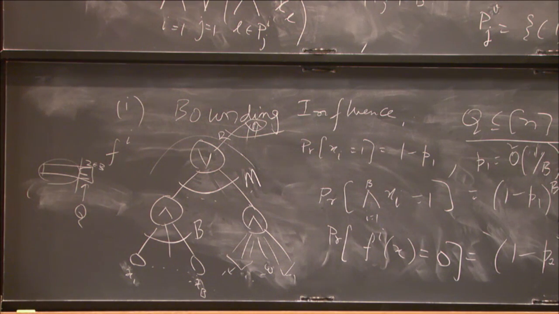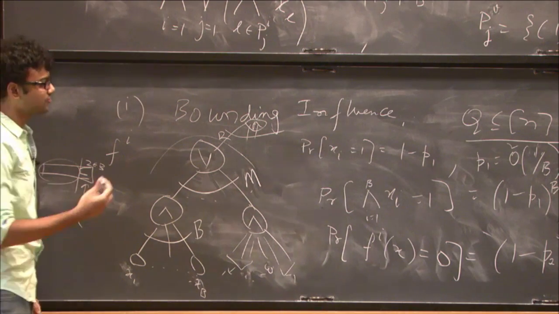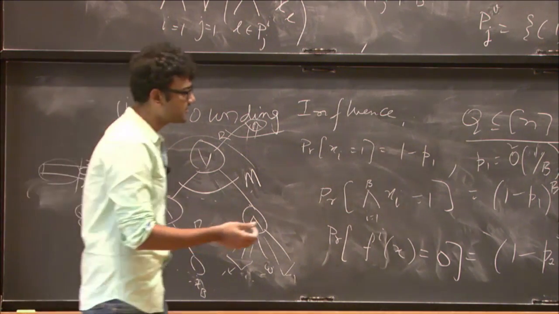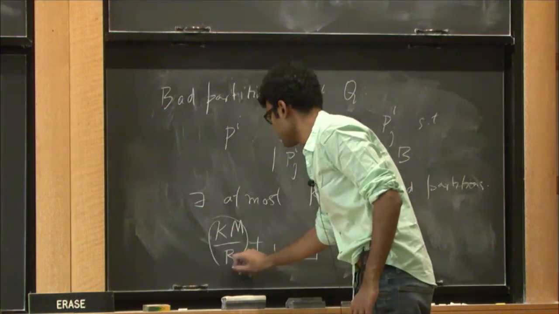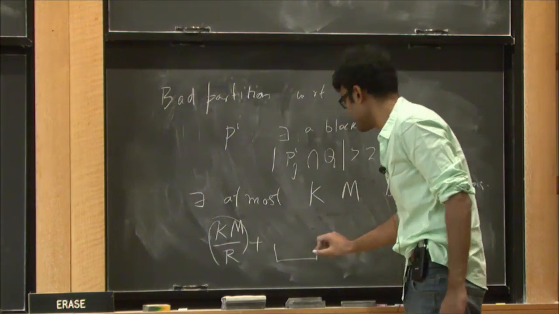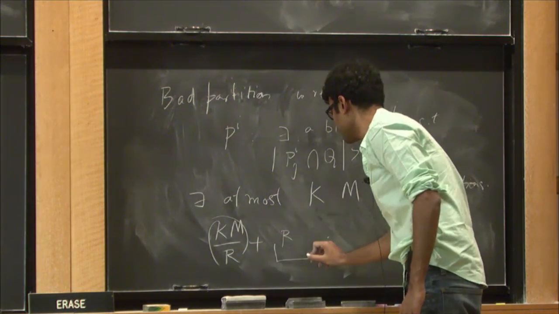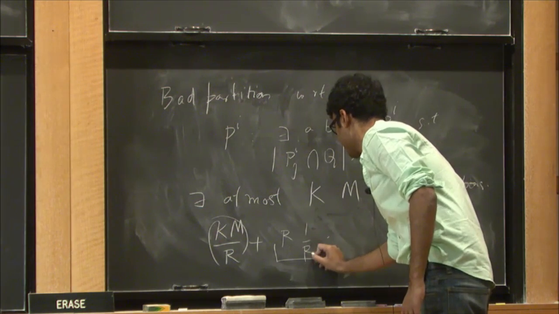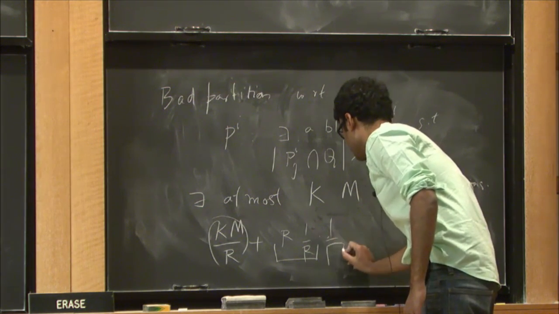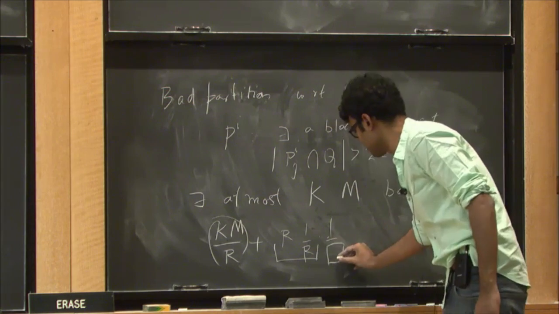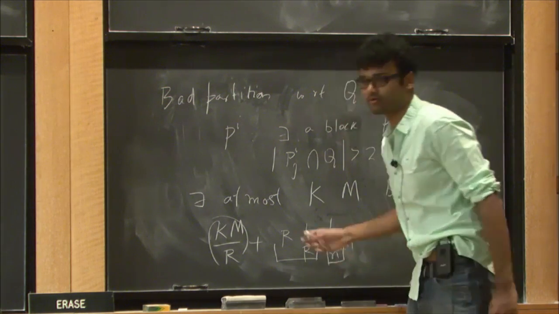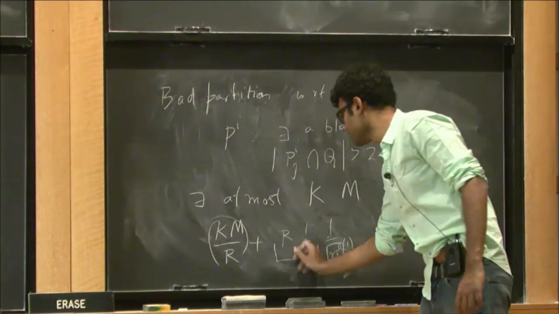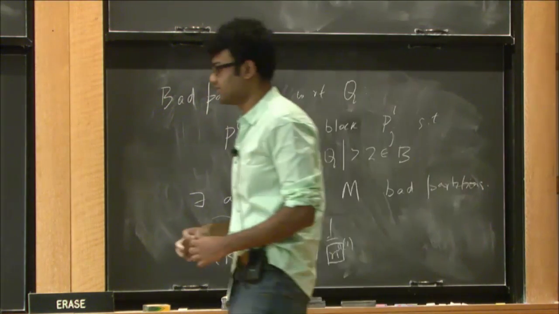I'll skip the calculation, but it comes out to something like n power omega 1, so the influence of the function is bounded.